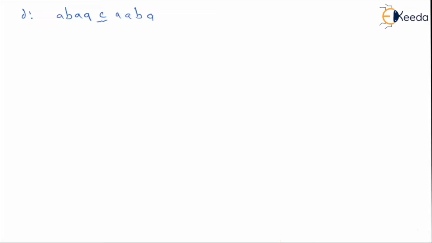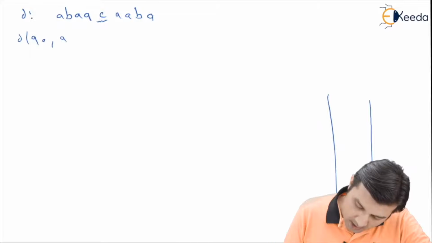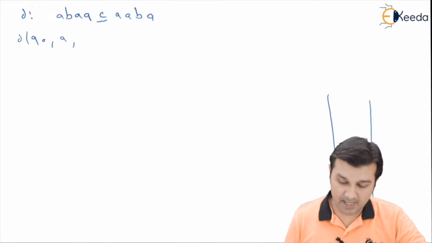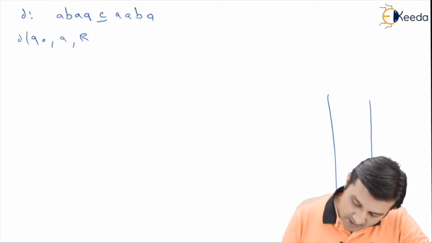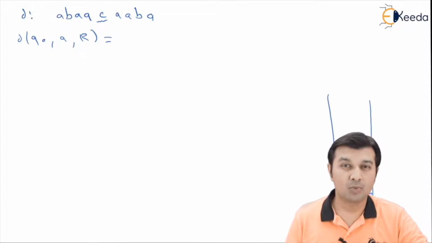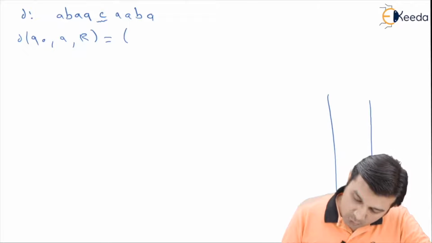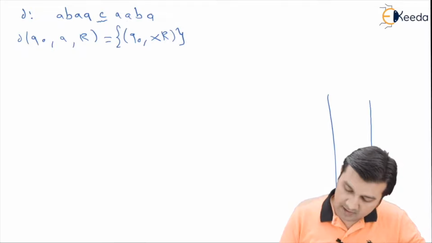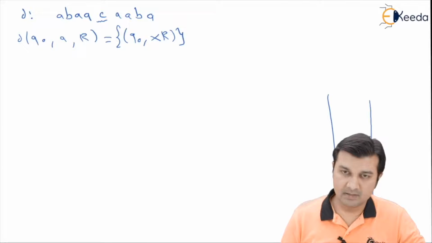Okay, and let this be my stack with R. Now delta, I'm in state q0. I receive an input symbol a and my stack top is R. The logic says for each a push one X. Since a push operation is going on, no state change is required, and over this R I'll be pushing an X.